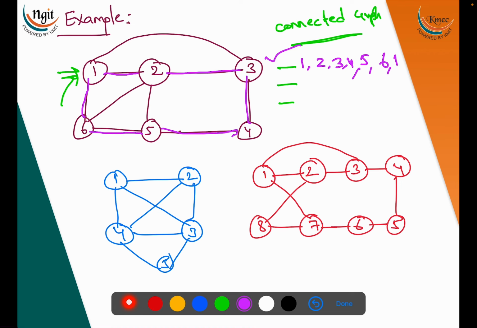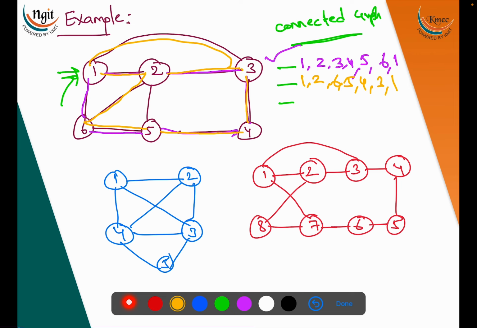And the second, do I have any other feasibility? Let's check. 1 to 2, 2 to 6, 6 to 5, 5 to 4, 4 to 3, 3 to 1. There is a path: 1, 2, 6, 5, 4, 3, 1. It is also one of the possible paths to generate a Hamiltonian cycle.